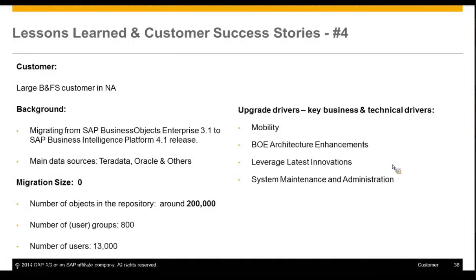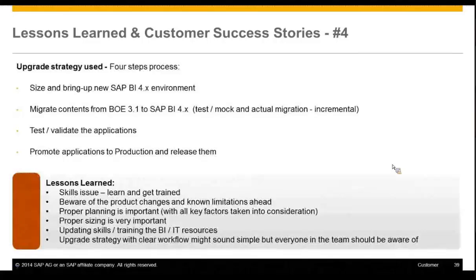They wanted to centralize platform support and platform administration in one place, one cost center, and through one application. So they were very eager to come to the latest release of BI4, and of course leverage the latest innovation solutions. The upgrade strategy used was a 4-step process.